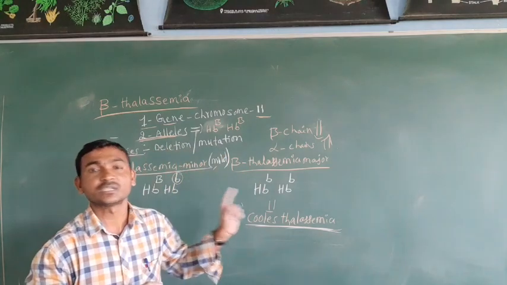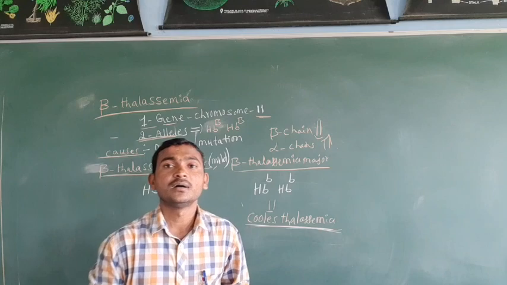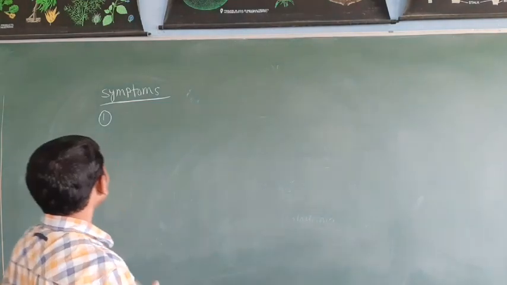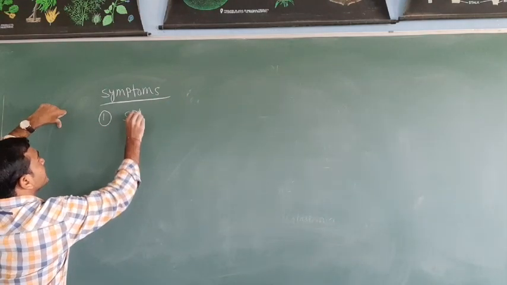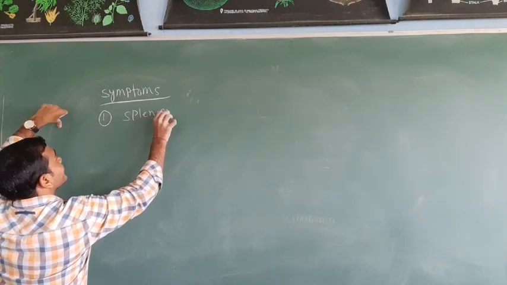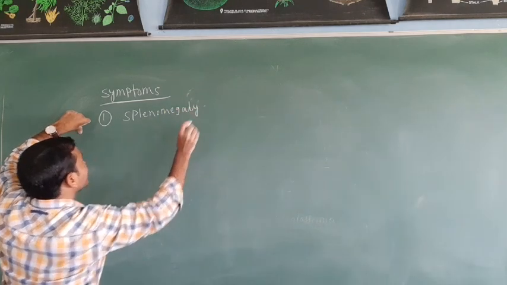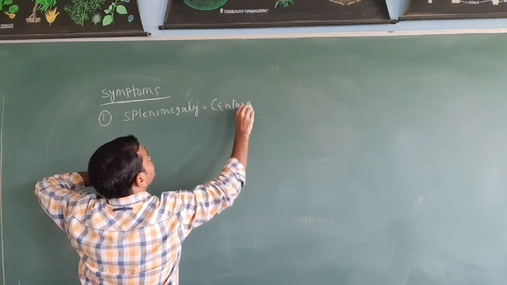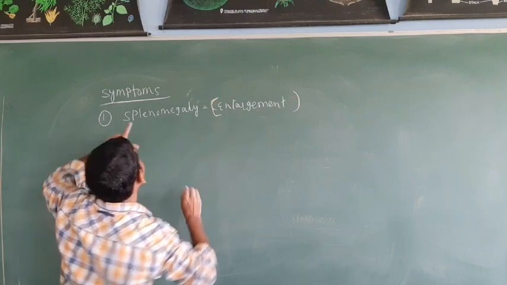Now we are going to discuss the symptoms of thalassemia. The first one is splenomegaly, which means enlargement of the spleen.